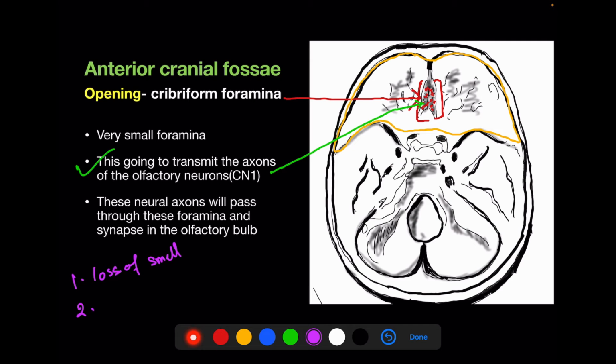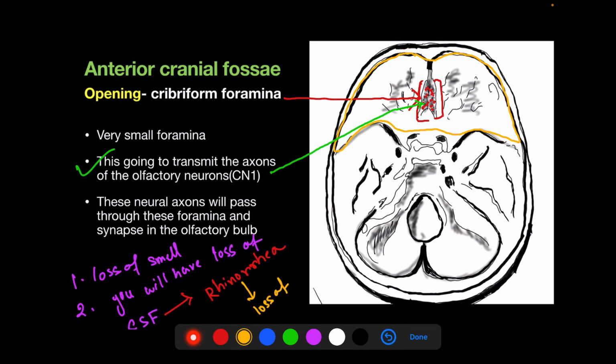Point number two, you will have loss of CSF, which is referred to as rhinorrhea. It means loss of fluid through your nose.